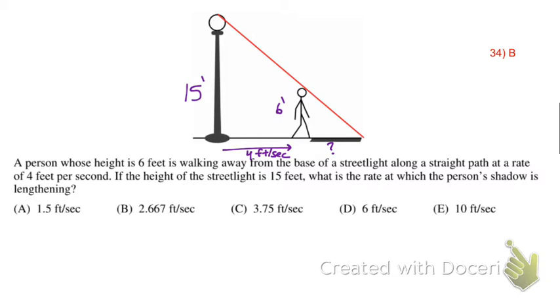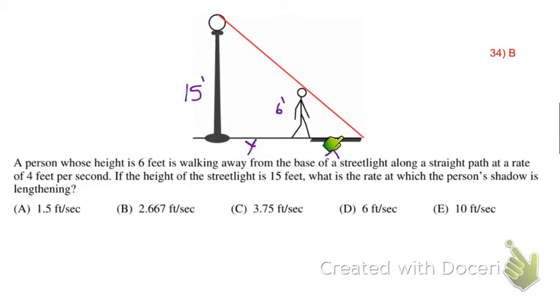So, we can use similar triangles, and we can use some variables in here. Let me do some erasing. I'm going to call the shadow length x, and I'm going to call this one y. Hopefully you're familiar with similar triangles: if we have two triangles that are similar to each other, then their sides are proportional.